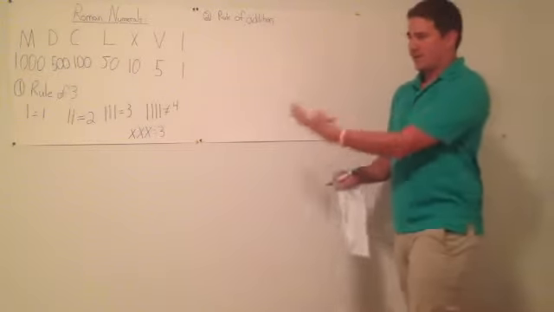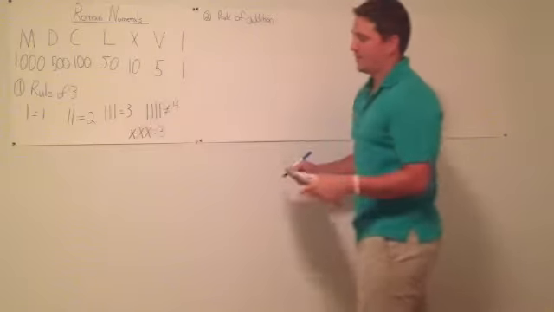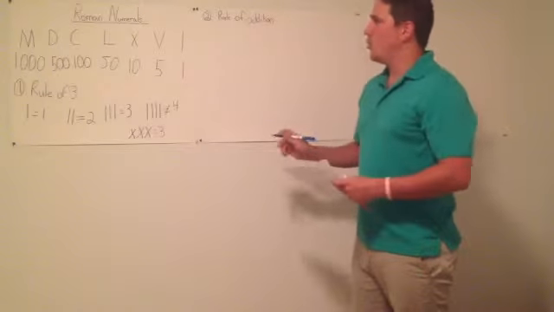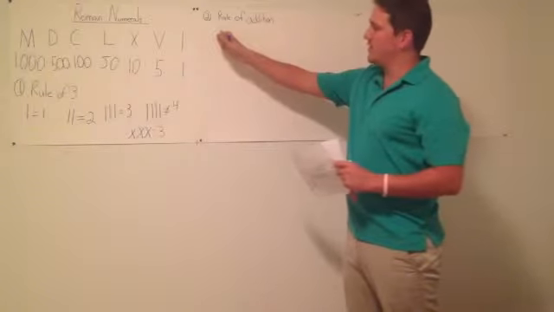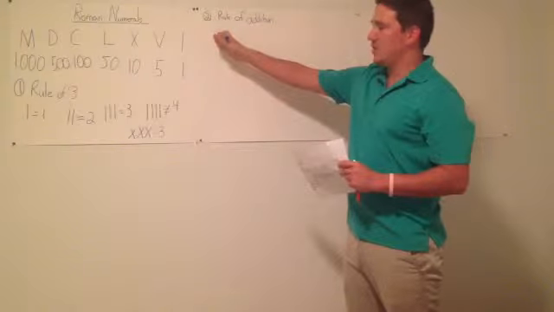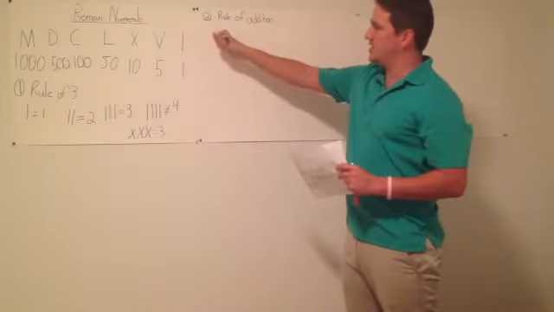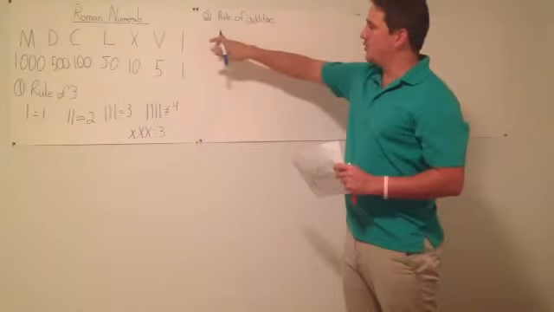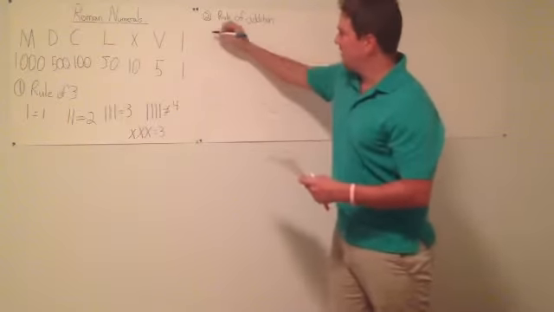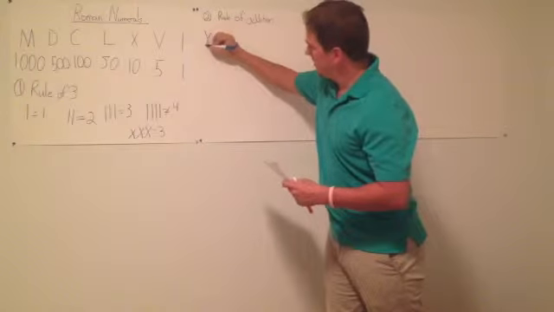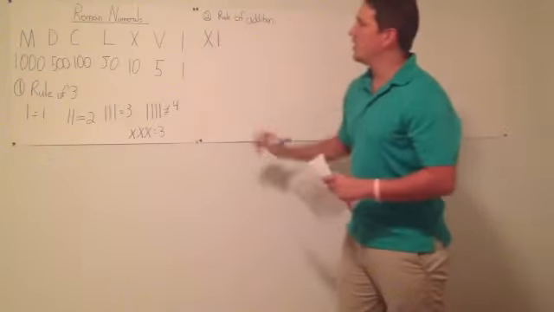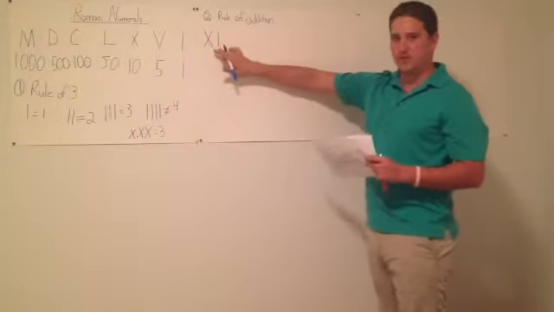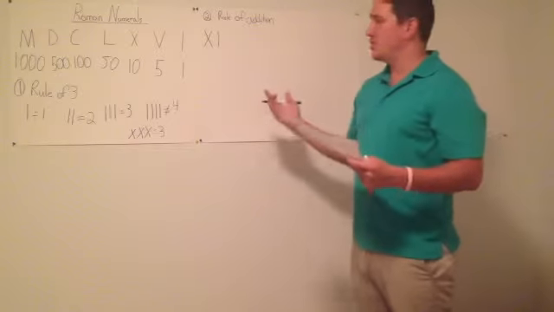Let's say you compose this, and when you have more symbols next to each other in a row trying to read them, the symbol that's first is greater than or equal to the symbol to the right of it. So let's say our first one is an X and an I. When your first symbol is greater than or equal to the symbol to the right, then you're going to add the 2 values.